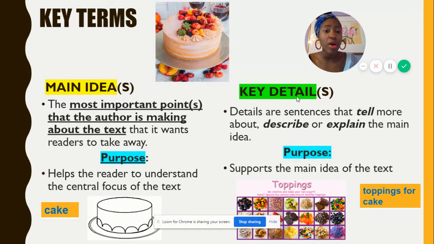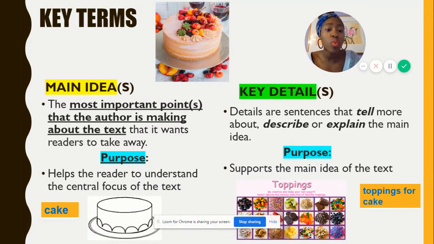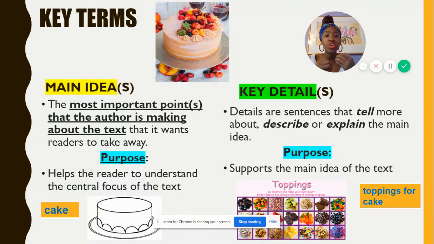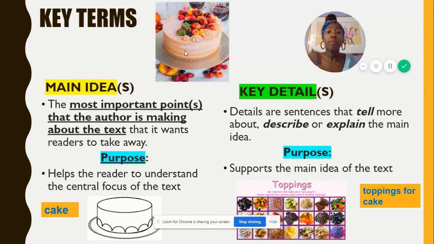So when we think about key details, we're thinking about toppings on a cake. So our cake is just the foundation that our dessert is on. But when we add toppings, toppings is what gives our cake flavor. That is what makes it taste very unique. That's what makes our experience in eating lovely. So this cake is our end product of when we have read the text, because now we have our main idea and key details.